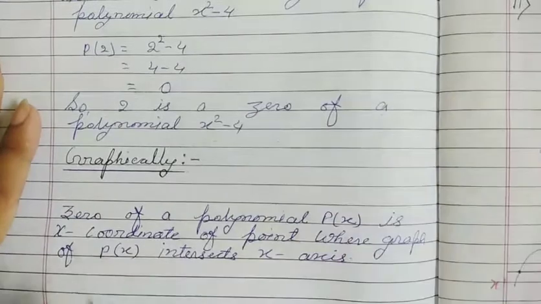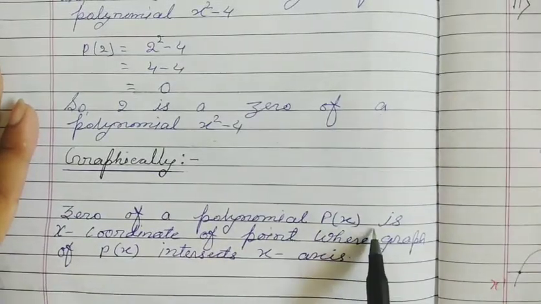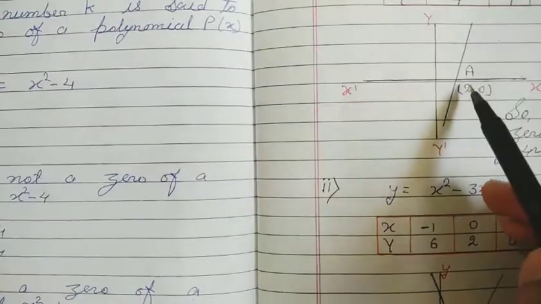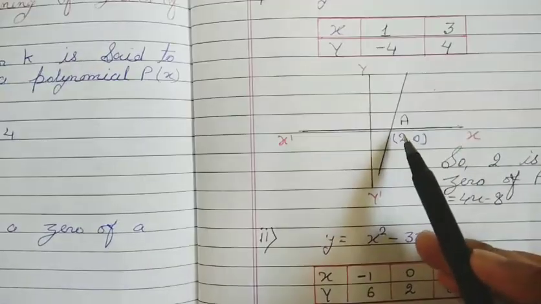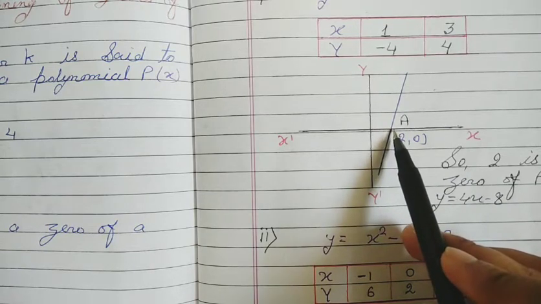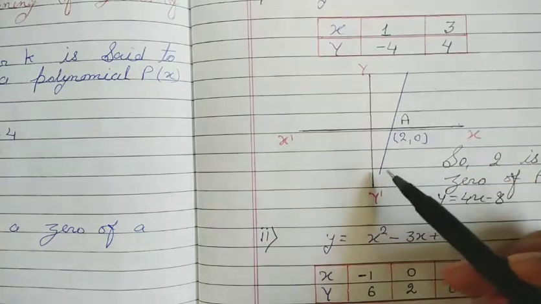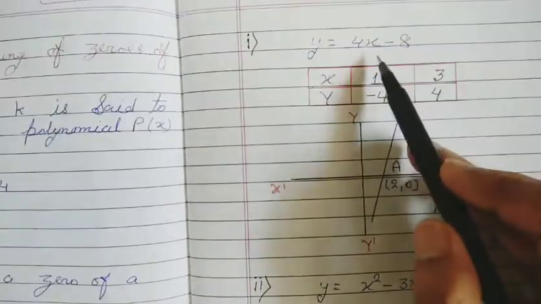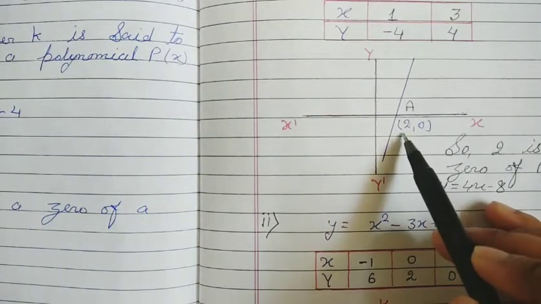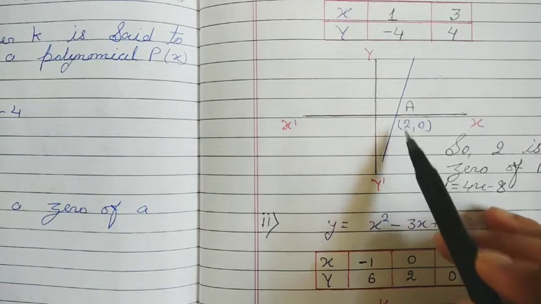So according to this statement, the zero of a polynomial p(x) is the x coordinate of the point where the graph of this polynomial intersects the x-axis. Here is the x coordinate. What is the x coordinate of this point? 2.